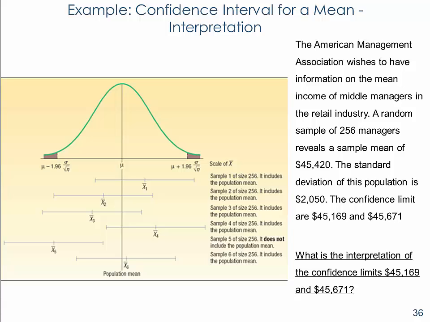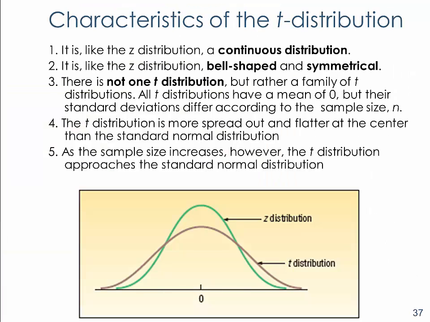What do you suppose we should do if we don't know the population standard deviation? Well, we can use the sample standard deviation to estimate the population standard deviation, and instead of the z-distribution, we use the t-distribution. Here are the characteristics of the t-distribution. Like the z-distribution, it is a continuous distribution, bell-shaped and symmetrical.